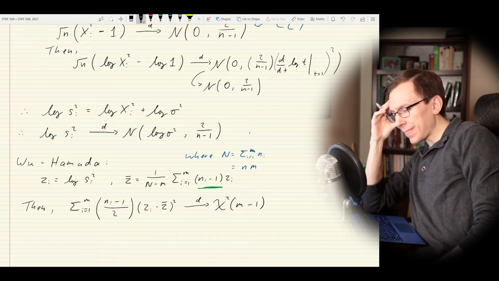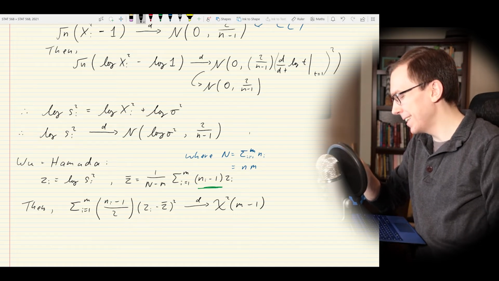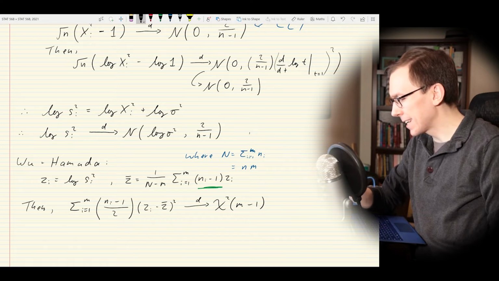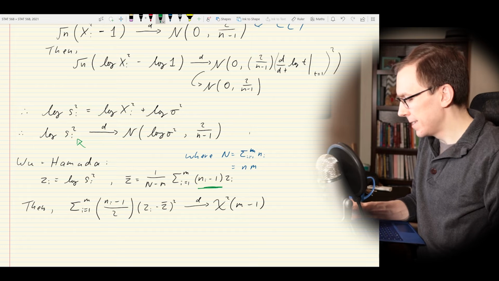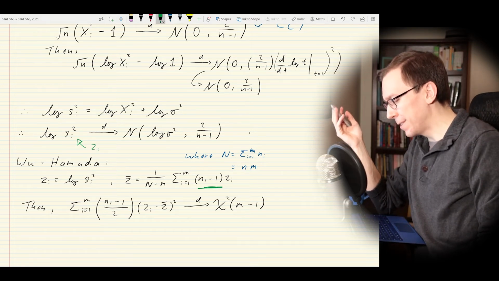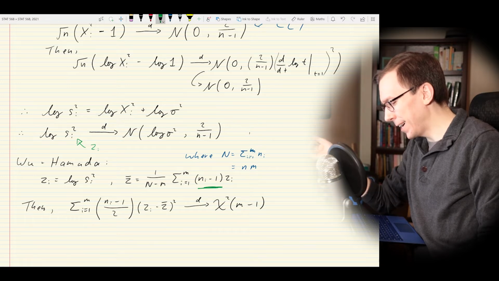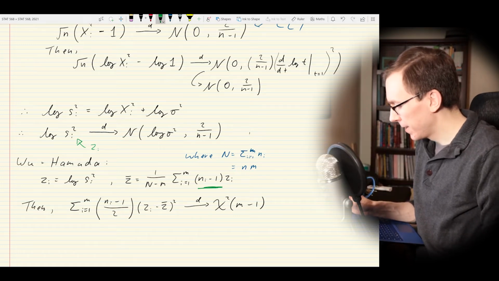So is that reasonable? Well, yeah, because what we're doing here is we're taking the z_i, which is really just the log of the s_i, right? It's just a more convenient way to write. This is z_i here. It's normal. If I subtract off the mean and I square it, then I'm going to get something that looks like a chi-squared, except that we have to adjust for the variance not being equal to 1.